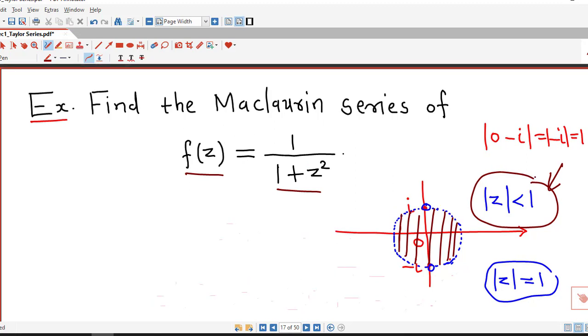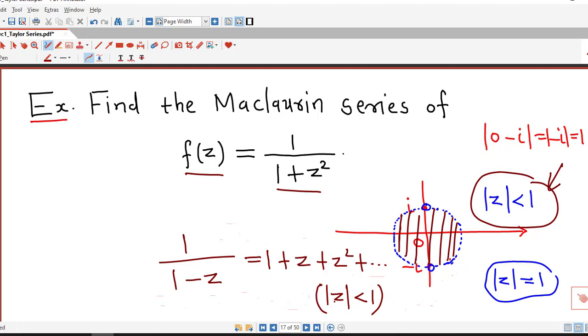Now one way is to find out value of function and its derivatives at z equal to 0 and then use the formula for Maclaurin series of given function. But we are not going in that way. Here we will use the Maclaurin series of 1 over 1 minus z. We know that Maclaurin series of 1 over 1 minus z is nothing but 1 plus z plus z square and so on. And this is also valid in the open disk mod z less than 1.